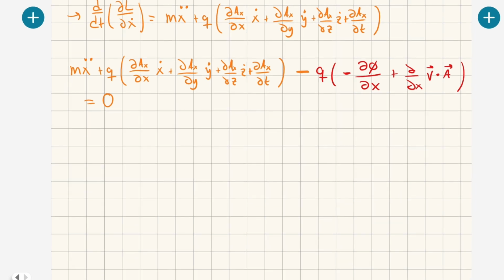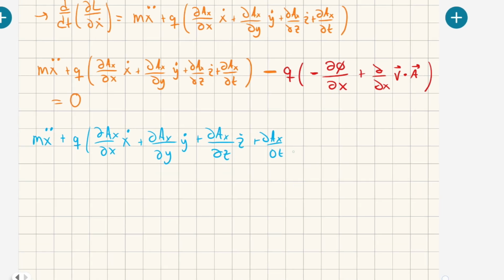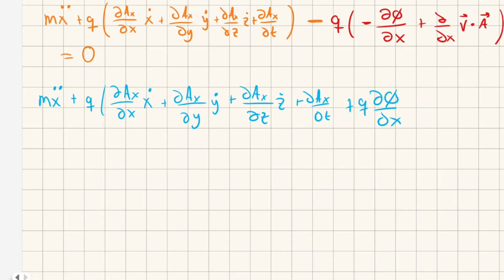Okay, so now we are going to work a little bit with this expression to see what we are going to get. First of all, let's say that mx double dot plus q, the derivative of ax with respect to x, x dot, plus the derivative of ax with respect to y, y dot, plus the derivative of ax with respect to z, z dot, plus the derivative of ax with respect to time, then plus q, the derivative of phi with respect to x, and we are going to write this dot product in the long form.